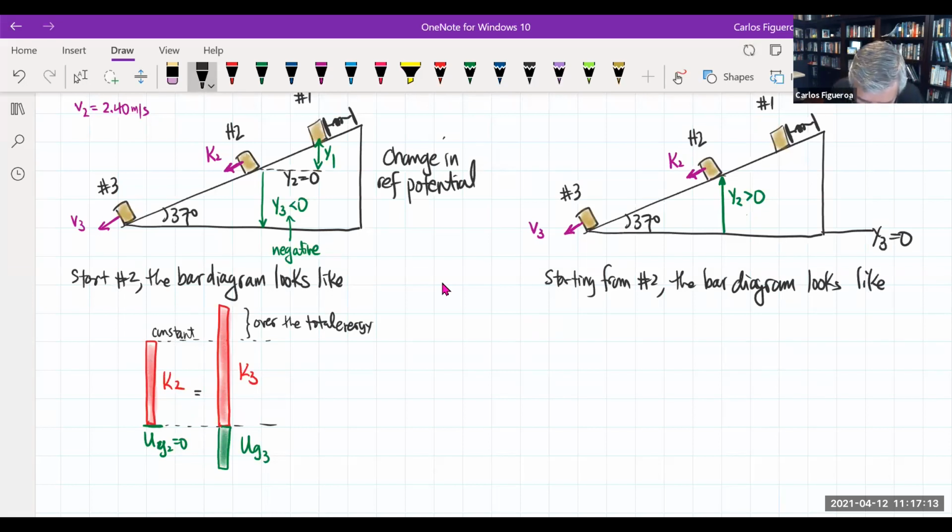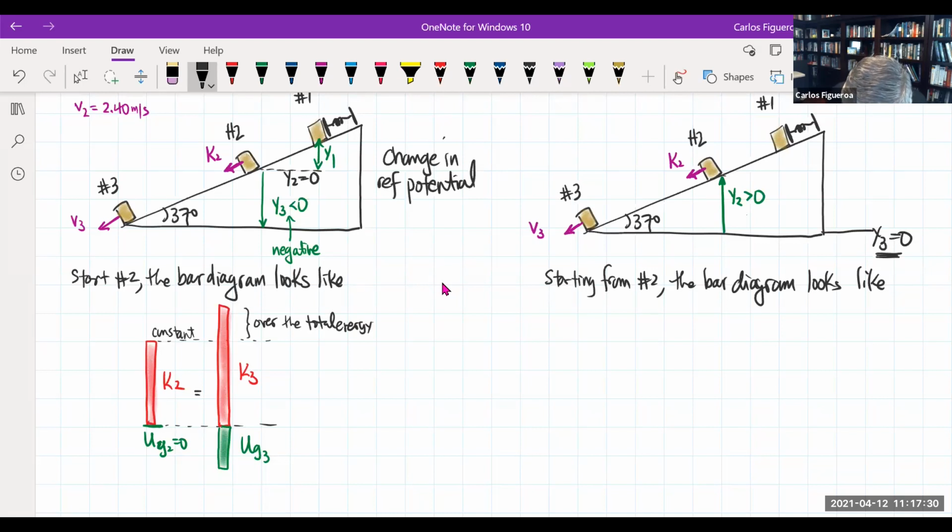Well, in this case, note that there is potential energy at point 2 because our reference now is this y3. That's where the zero potential energy is.